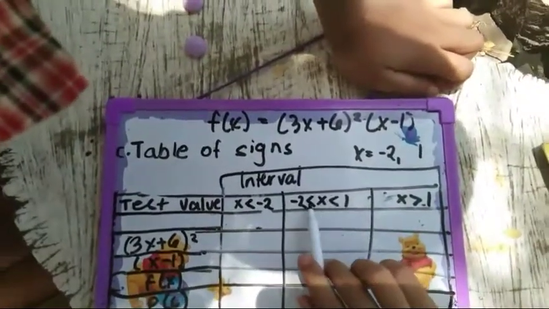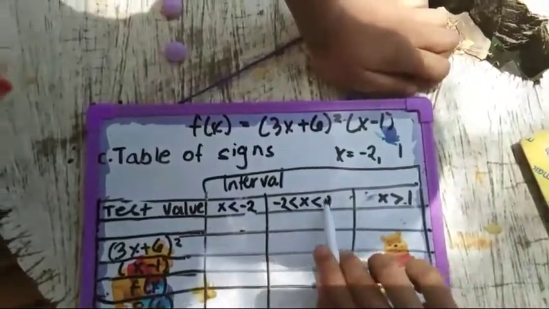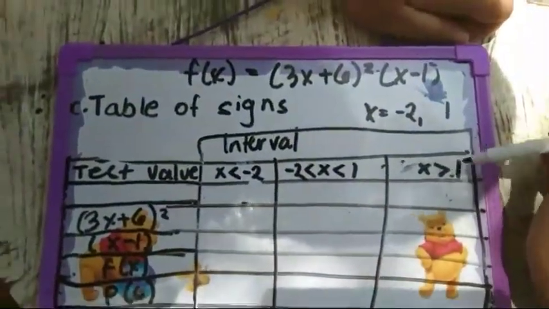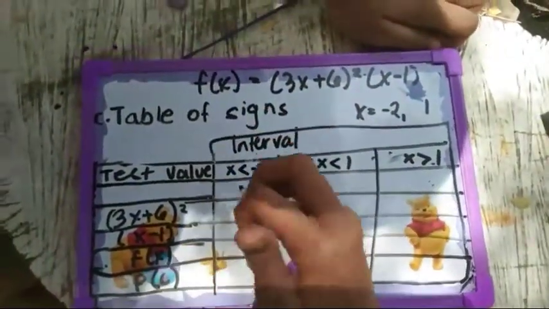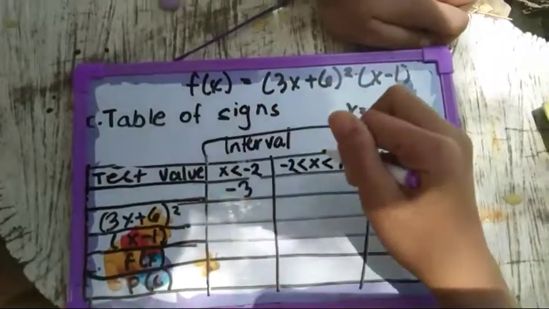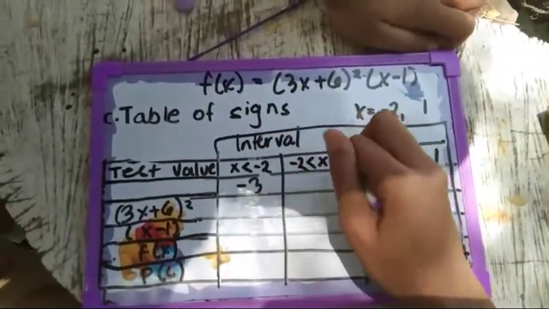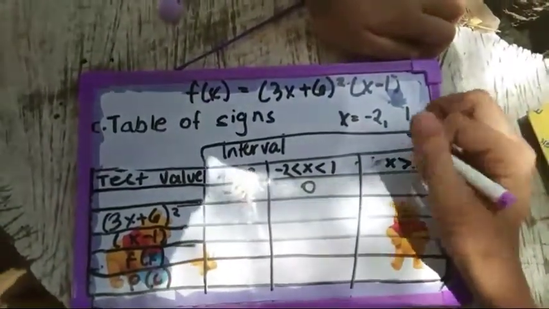So x must be greater than negative 2 but less than 1. And lastly, for the third interval, x must be greater than 1. So our test values: a number that is less than negative 2 is negative 3. X that is greater than negative 2 but less than 1 is 0. And x that is greater than 1 would give you 2.